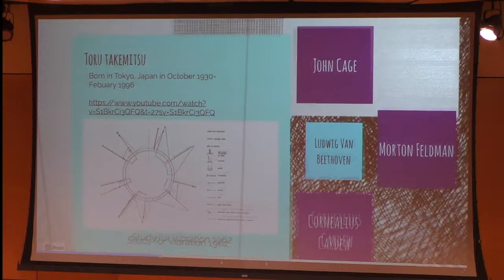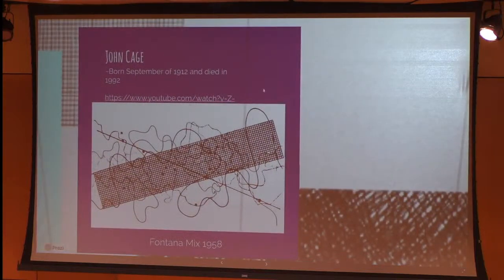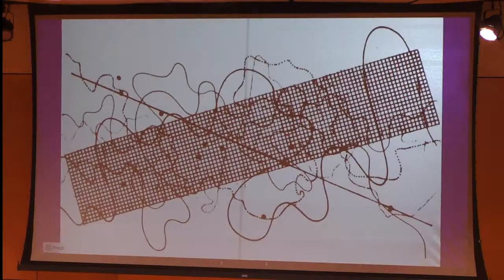So let me show you this next one by a man named John Cage. He was born in September of 1912 and died in 1992. This is one of my favorite visual scores because, well, look at it. What is going on here? Who knows?